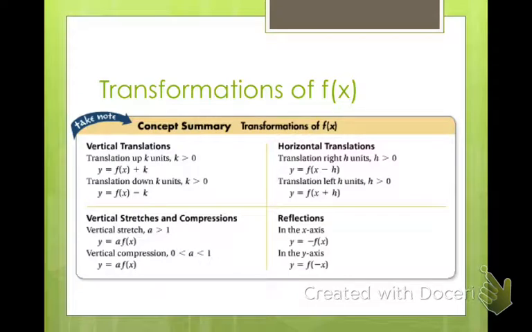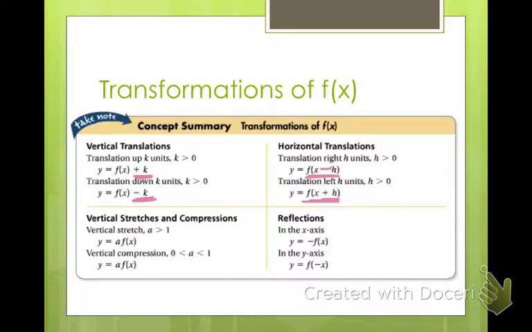Okay, here's just a summary to help you understand what's happening with each thing. So if we're going to translate up and down, up is going to be positive, down is going to be negative, and this is going to be outside our x value. So we're not going to have it in parentheses. If it were in parentheses, we move it left and right. And remember, it's opposite.